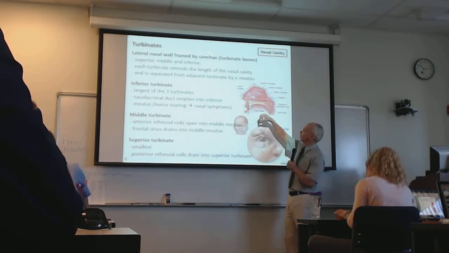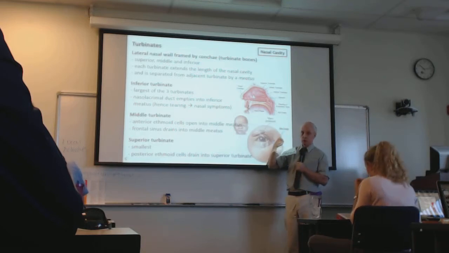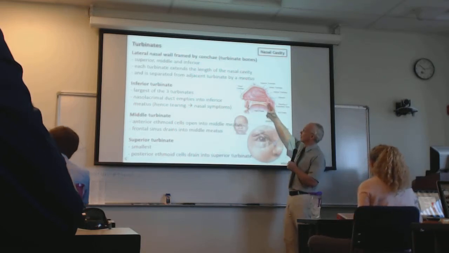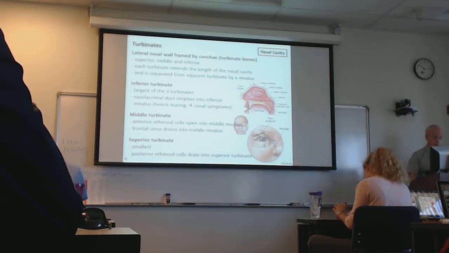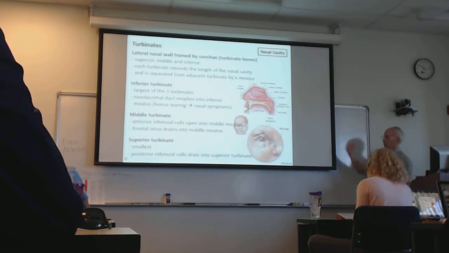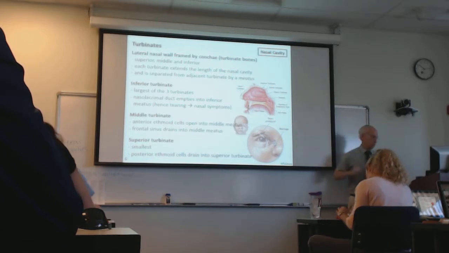So what we're saying here is those paranasal sinuses that we looked at earlier frequently drain into the nasal passageways, as do, for example, as you can see here, the products of the lacrimal glands. So it's no wonder that tearing or crying produces nasal symptoms.